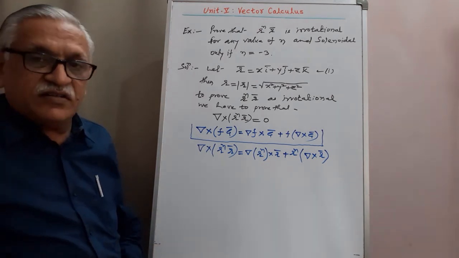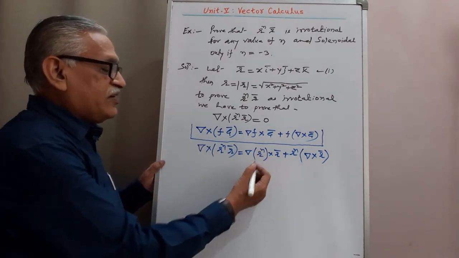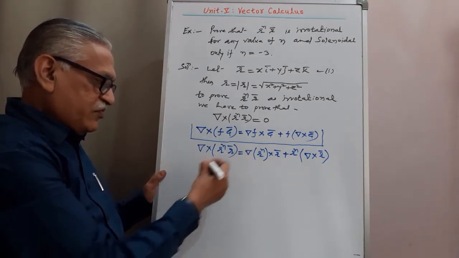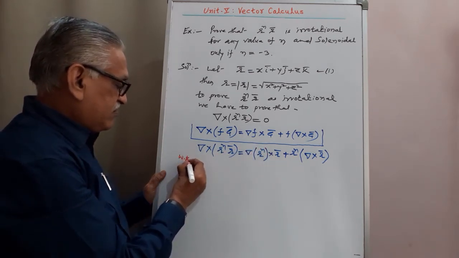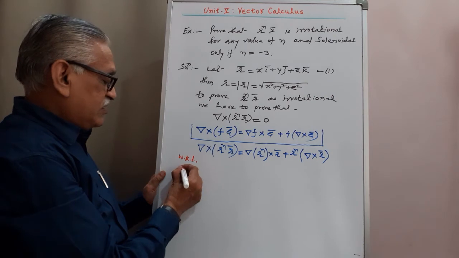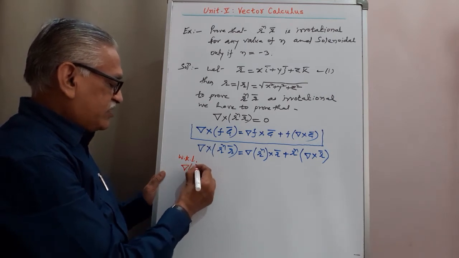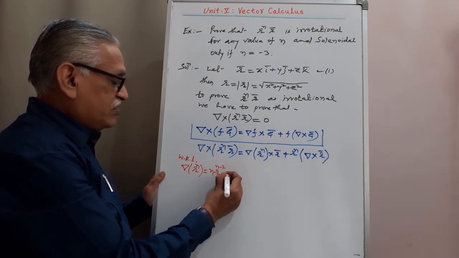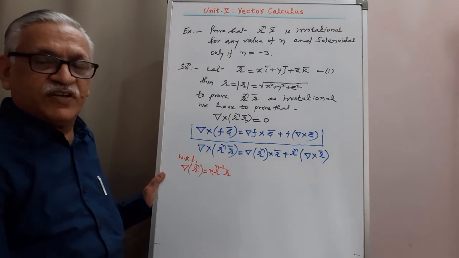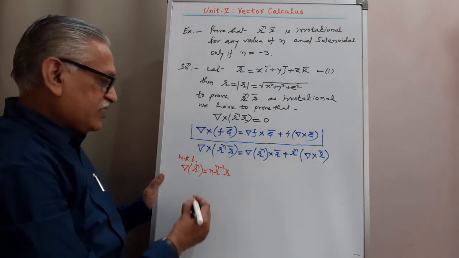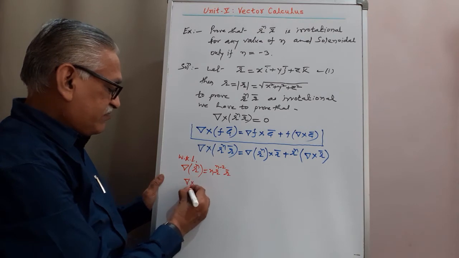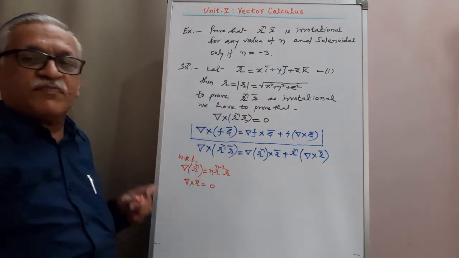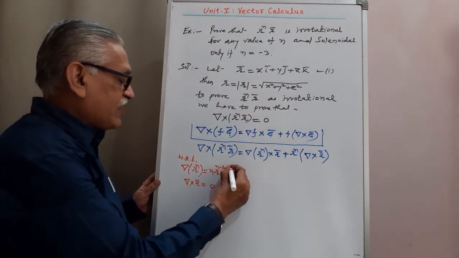And then we have to apply a standard result, whatever I have discussed in earlier videos. We know that the first one, gradient of r raised to n, is n r raised to n minus 2 into r bar. We have to apply this result. And the second quantity is del cross r bar. Curl of r bar is 0 when r bar is xi plus yj plus zk. Therefore, we have to apply these results.